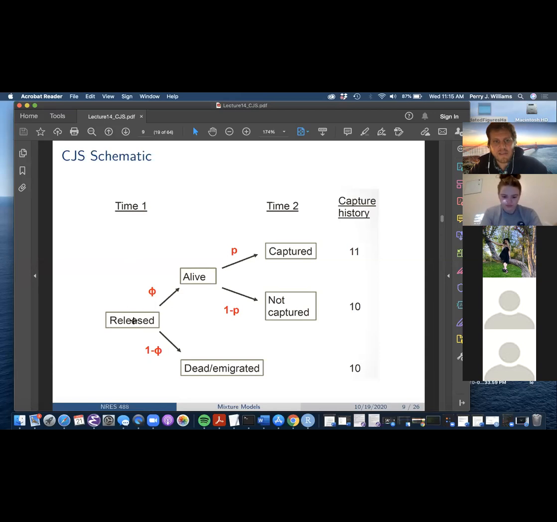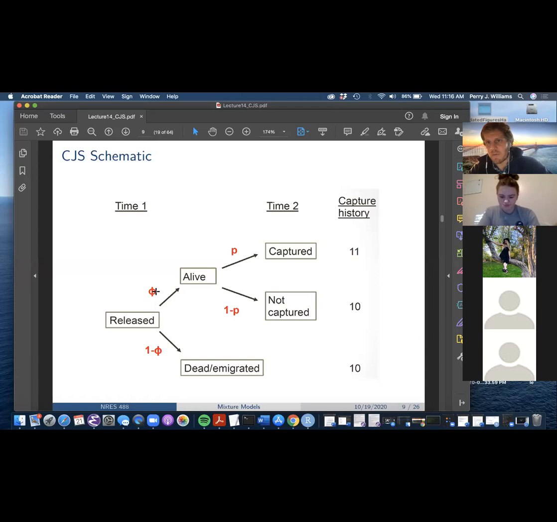An animal can be released. And then after it's released, it can survive to the next time period, or it can die or permanently emigrate out of the population. It survives with probability phi. We're always going to use phi for survival probability in this class. So phi relates to the probability of surviving from one time period to the next. And that time period is arbitrary.